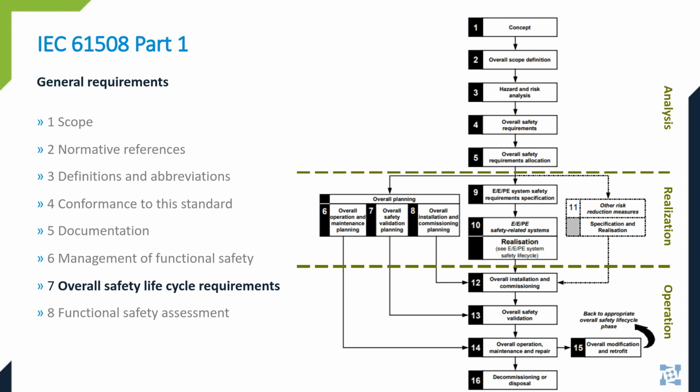Hazard and risk analysis is also performed, and I'll start covering this topic on the next slide because this is a very important part. Now, then you have the realization phase, which refers to the actual implementation and verification testing of the actual device, followed by the operation phase which focuses on delivery, maintenance, and disposal.